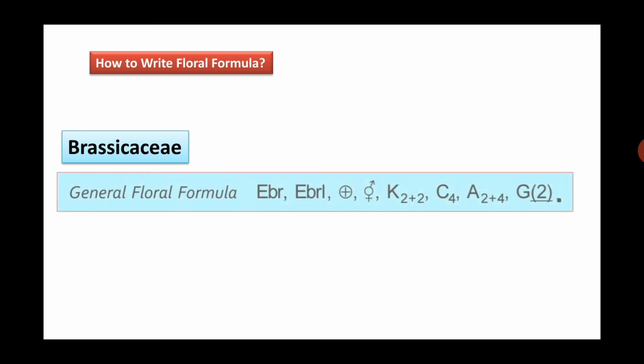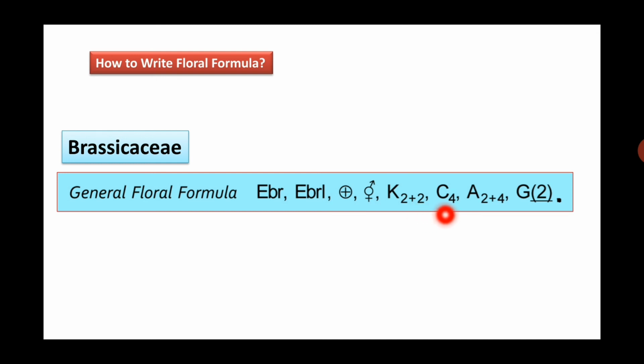Then how to write floral formula? So by taking one example, I will tell you how to write floral formula. The example we are taking is family Brassicaceae general floral formula. Ebr, ebracteate, Ebrl, that is ebracteolate, then actinomorphic, bisexual, K 2 plus 2, that means sepals are 4, polysepalous and in two whorls of 2 each.